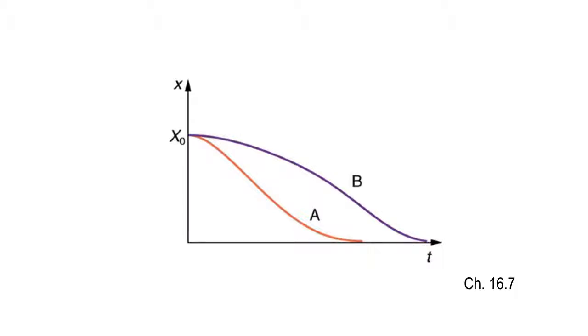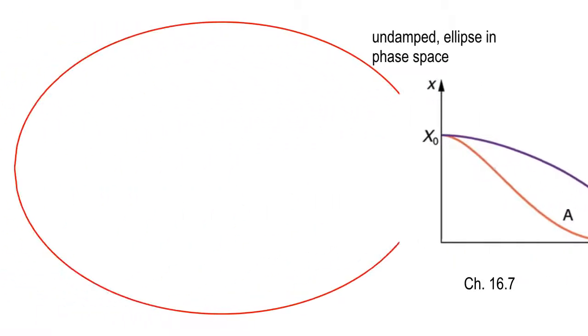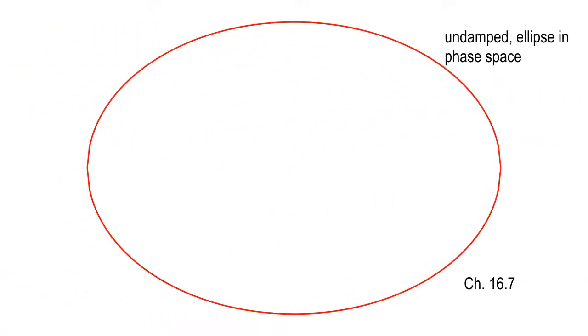Now, I'm going to do some elaboration on them. And let me just bring this point up. When we have an undamped oscillator, in phase space, it looks like this, a regular old ellipse. We talked about that at length last time. It has units of angular momentum for the area, and that's related to Planck's constant in a significant way. If there's damped oscillation, X max is going to get smaller and smaller.